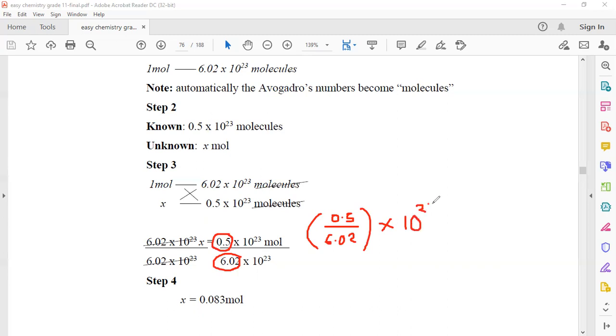So it's going to be 23 minus 23, and whatever you get here will be multiplied by 10 raised to the power 0. According to the rules of indices, anything raised to the power 0 is 1. So that is another method that you can use and still get the correct answer.